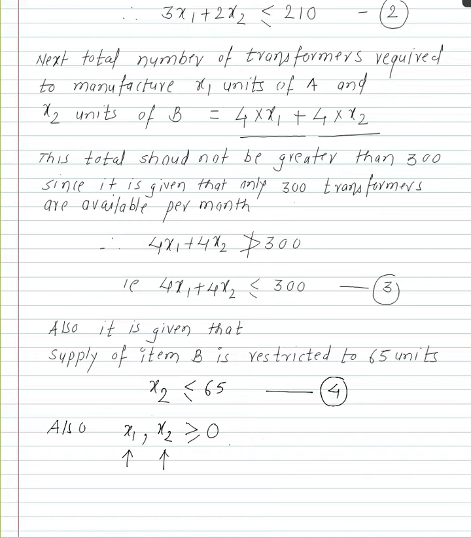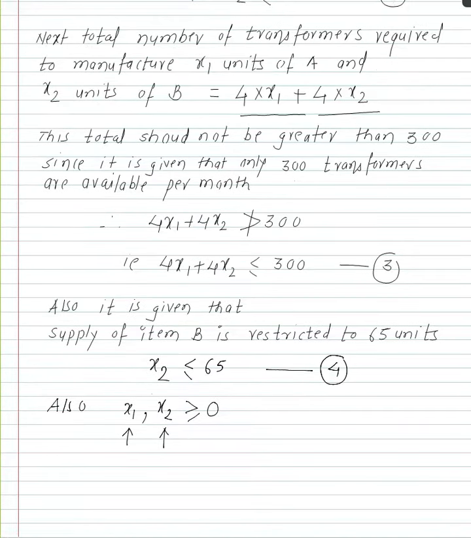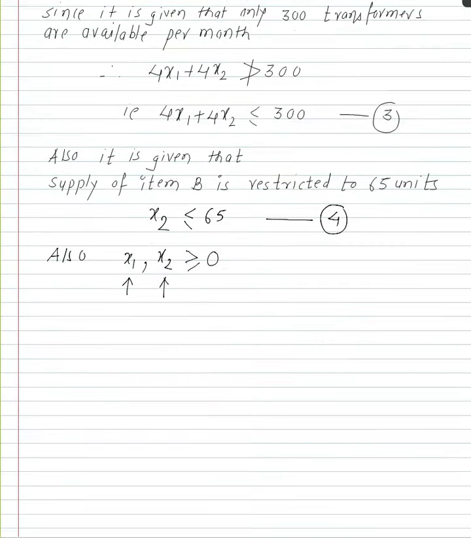So both are non-negative values. Thus, we have to maximize the profit of the firm using the available resources, that is, using the available quantity of motors and transformers.